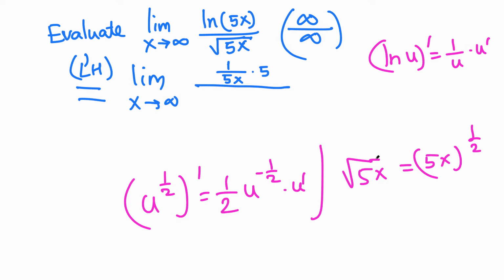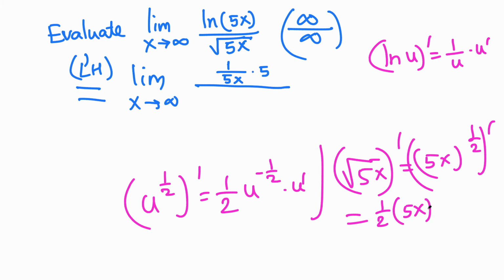So it's 1/2 times 5x raised to 1/2 minus 1, negative 1/2, times the derivative of the inside, which is 5. Okay, so the derivative of square root of 5x is 1/2 times 5x raised to negative 1/2 times 5.